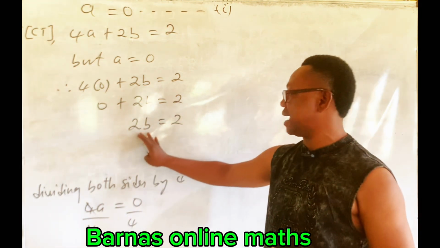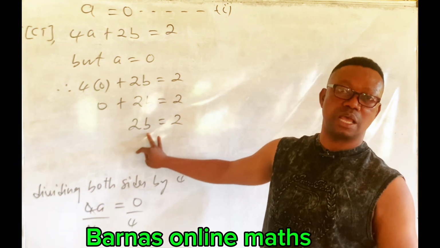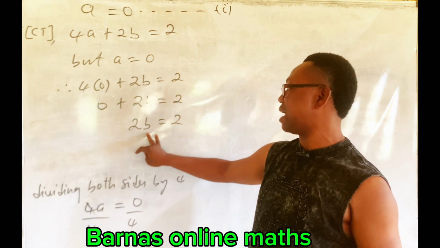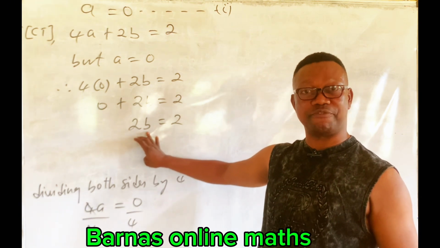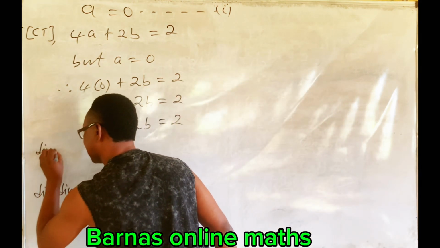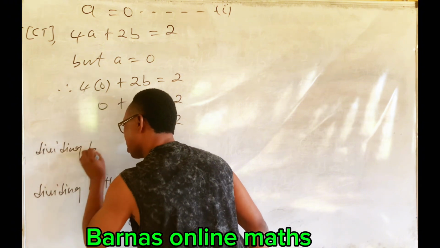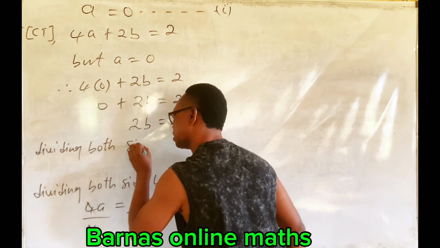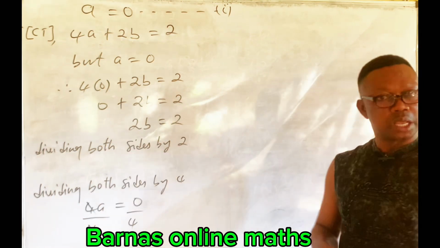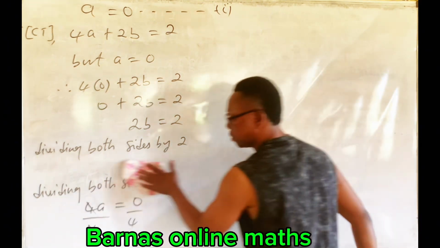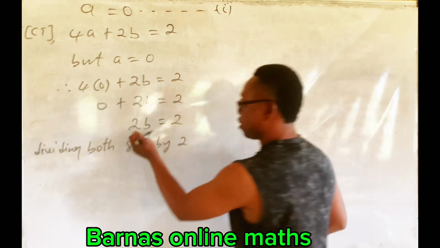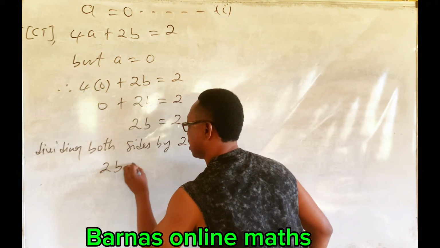Our target is to find the value of b. Hence, we now make b the subject of the formula. How do we do that? We now divide both sides by the coefficient of b, which is what? 2. Dividing both sides by 2. If we do that, we're going to have, of course, we have 2b equals to 2.